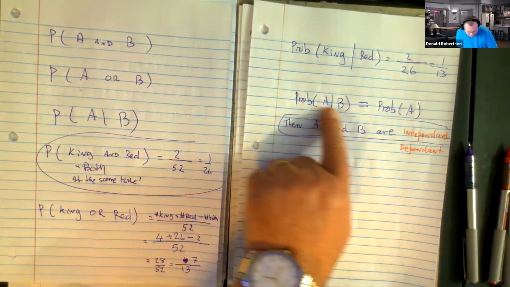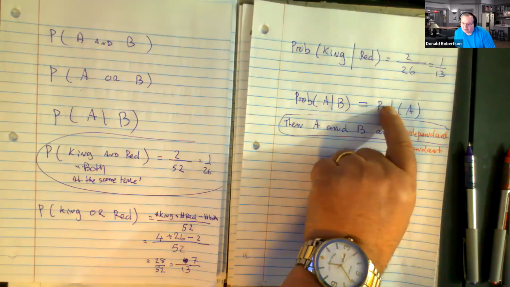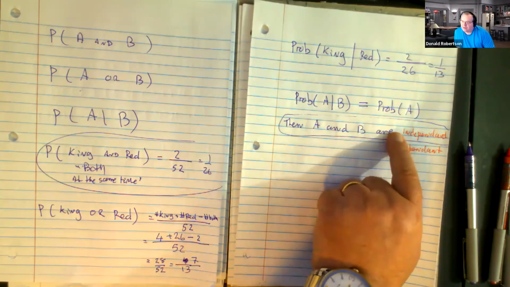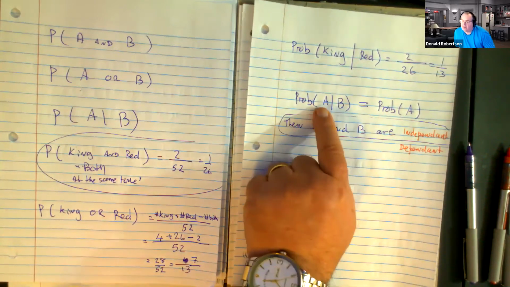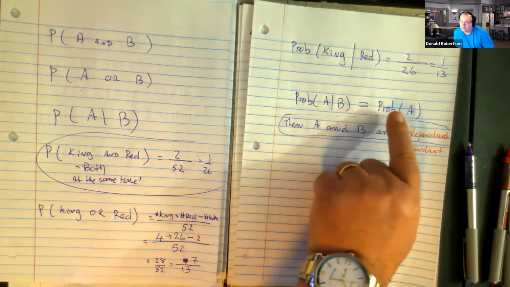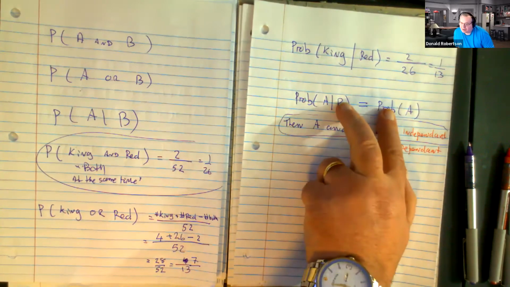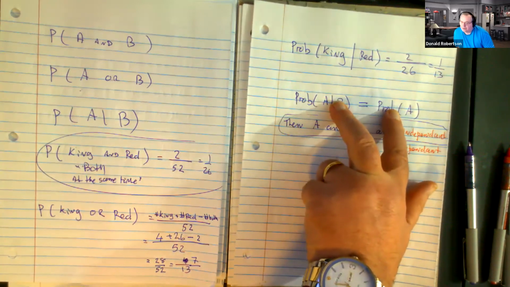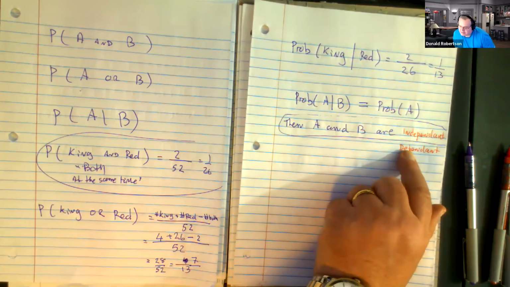And if this guy is not equal to that, the answer will be dependent. This is a test for independence, right? You find this probability and you find that one. If it's the same number, independent. If the two things are different numbers, they are dependent.